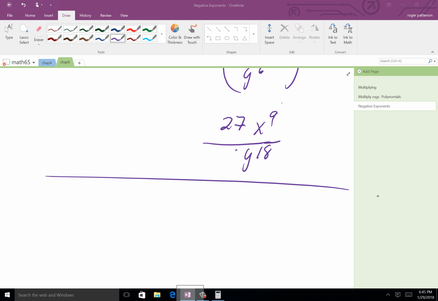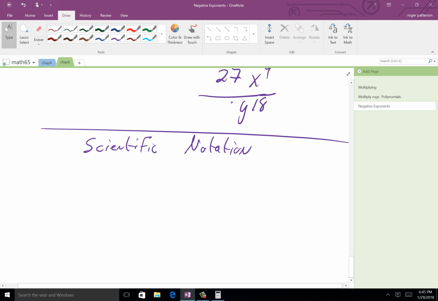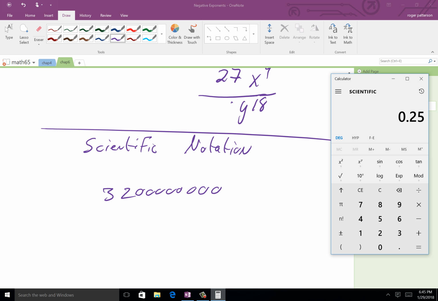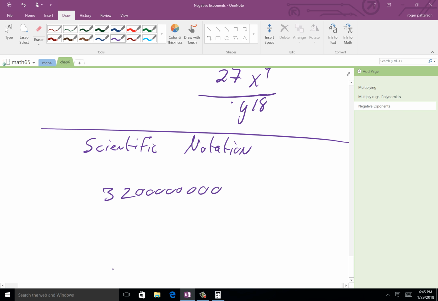On the scientific notation, basically the whole premise is to take a large number and write it smaller.